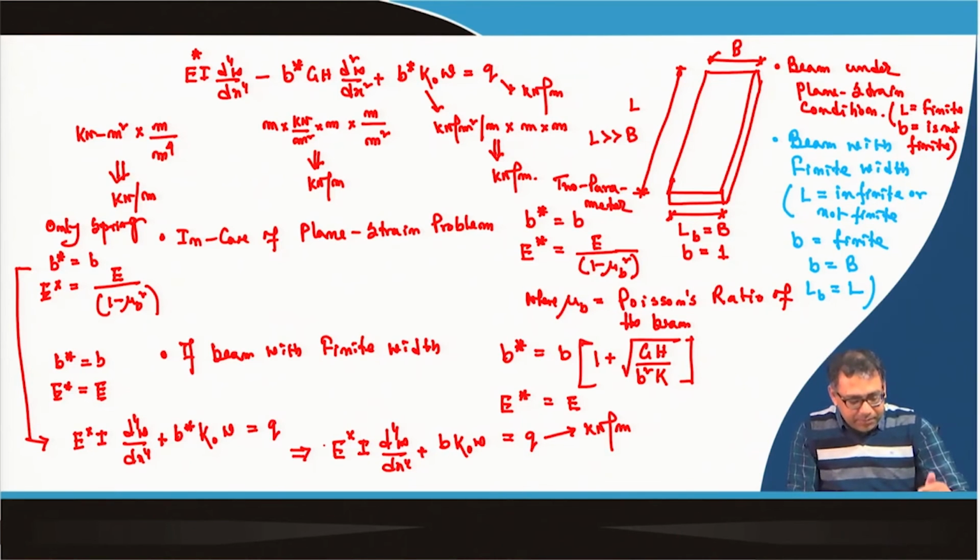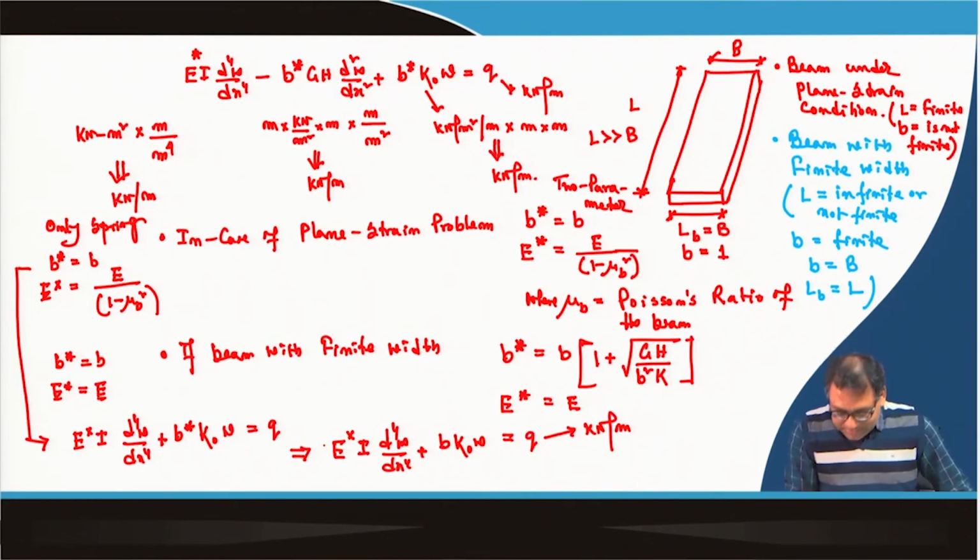But in all the cases, if your beam is under plane strain condition, remember that you have to replace E also, E by E over 1 minus mu square, whether the beam is resting on spring or the beam is resting on a 2 parameter model. So, if the beam is under plane strain condition, then you have to replace E star under both the conditions. That means the beam is on spring or the beam is on a 2 parameter model, clear.